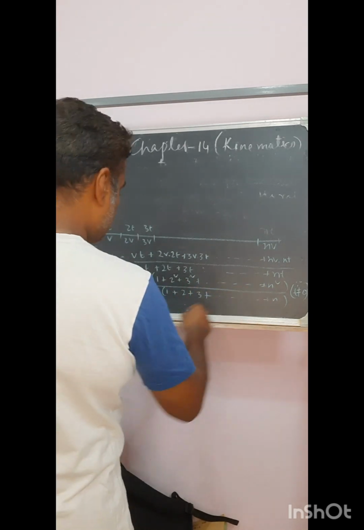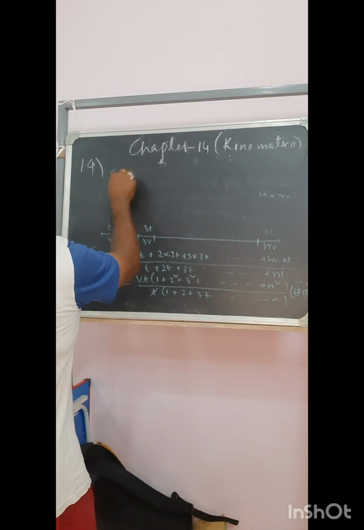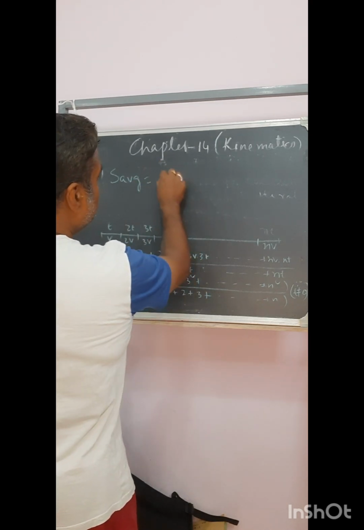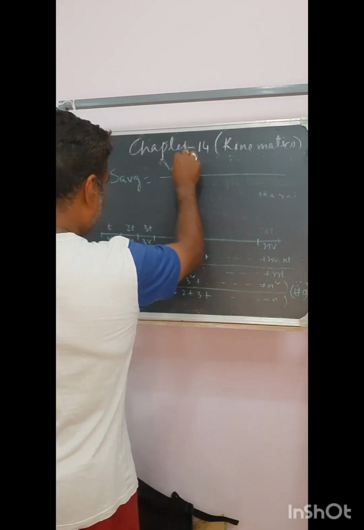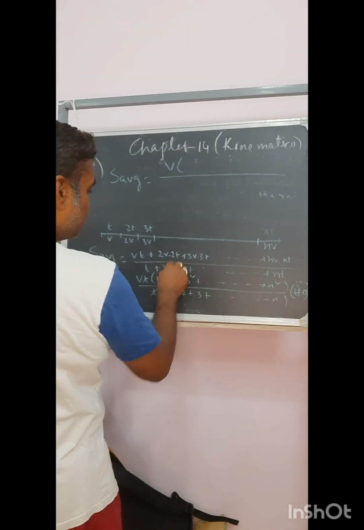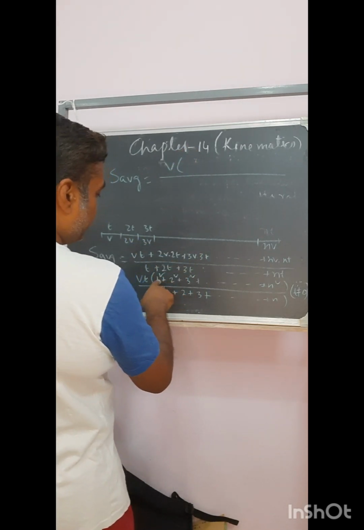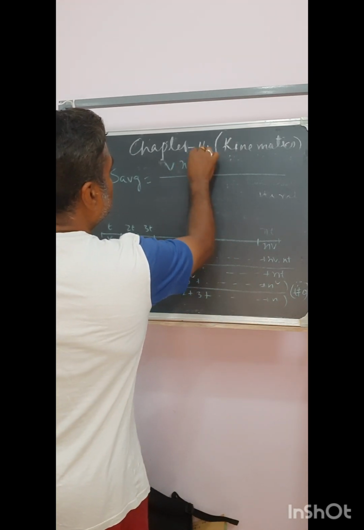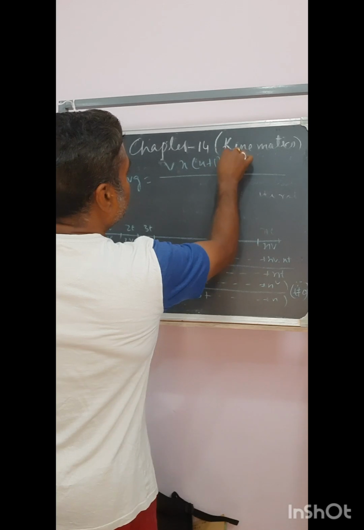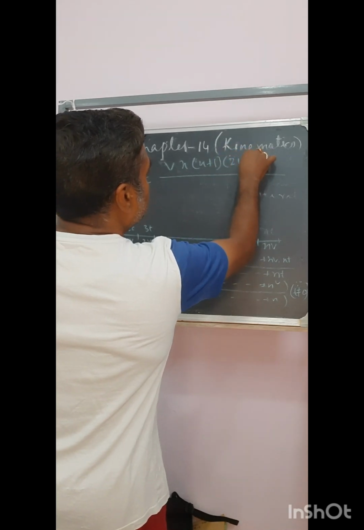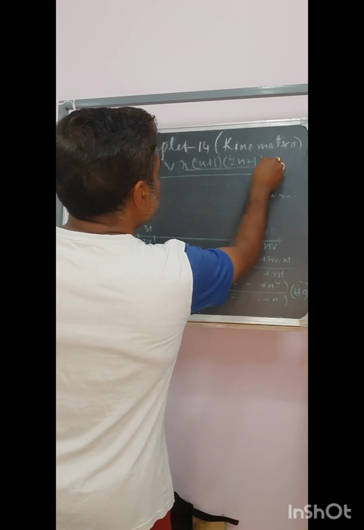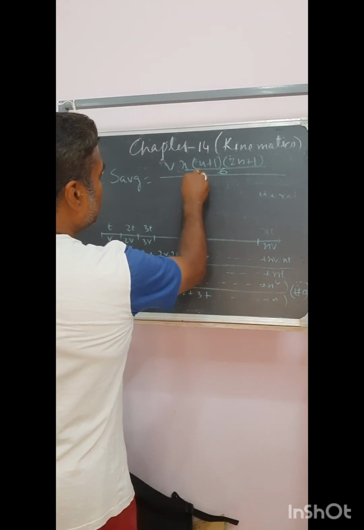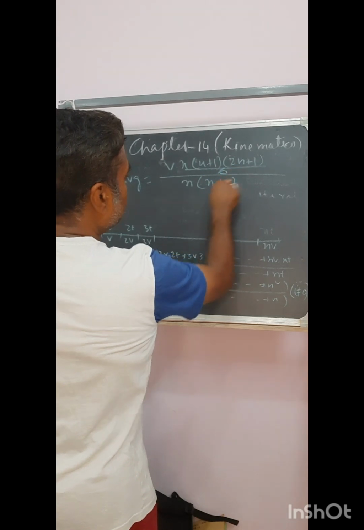Now if I know the value of these series, I can put it directly. Later I will show you the derivation. The sum of the squares of natural numbers is n into (n plus 1) into (2n plus 1) divided by 6, and the sum of the natural series is n into (n plus 1) by 2.